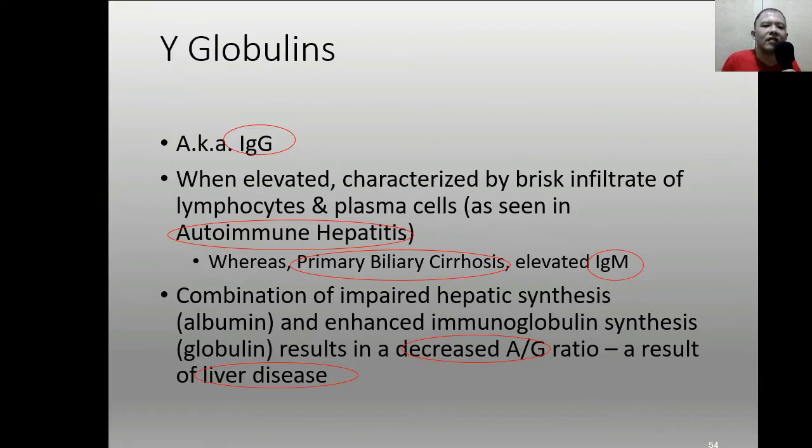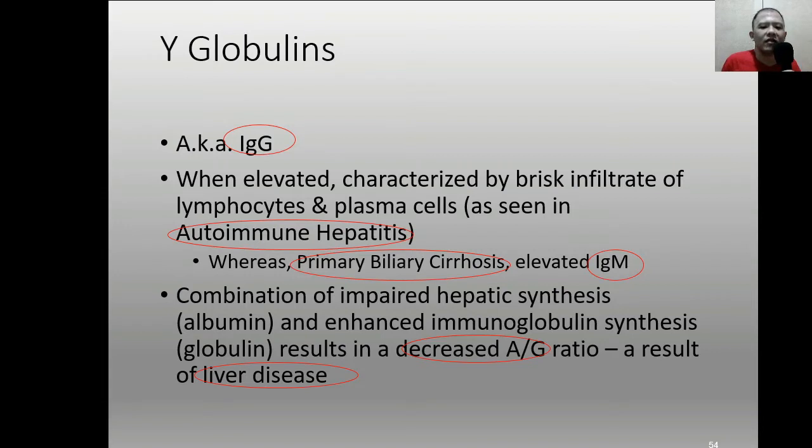Next, gamma globulin. Gamma globulin is an antibody, that is IgG. When elevated, it is indicative of autoimmune hepatitis. When IgM is elevated, it is indicative of primary biliary cirrhosis.